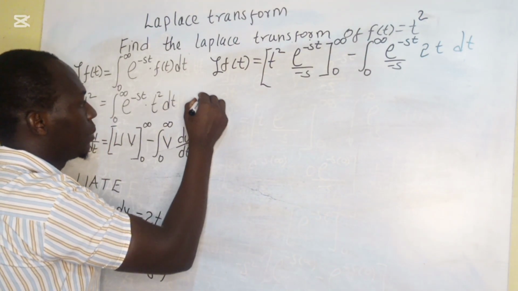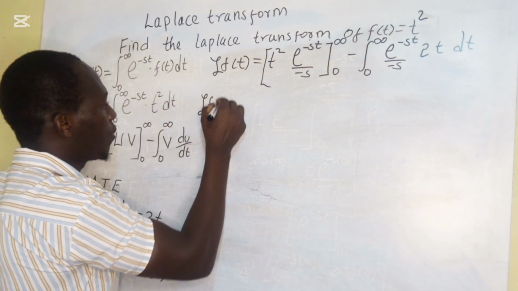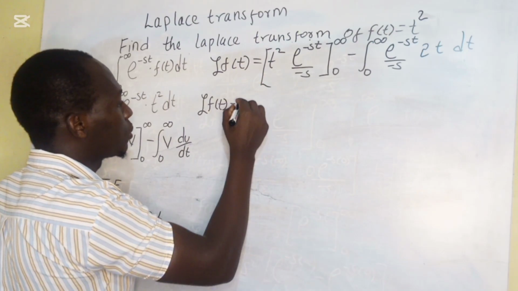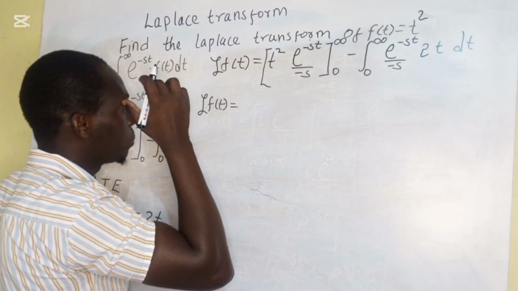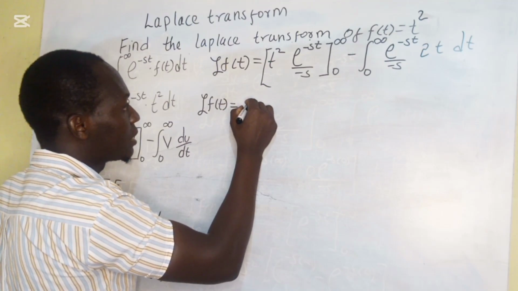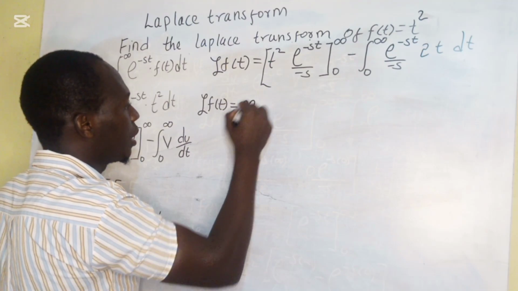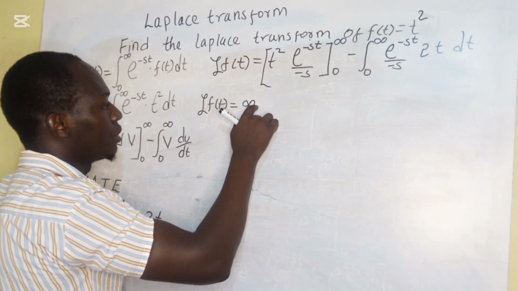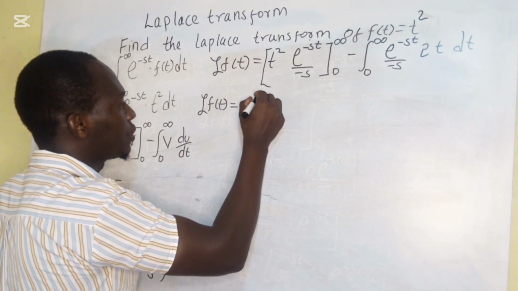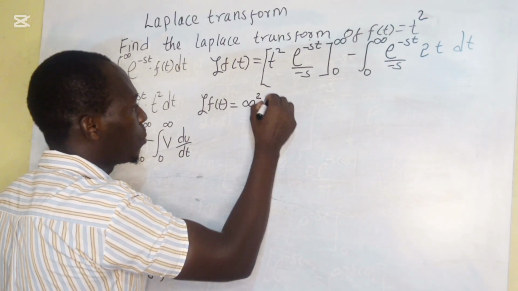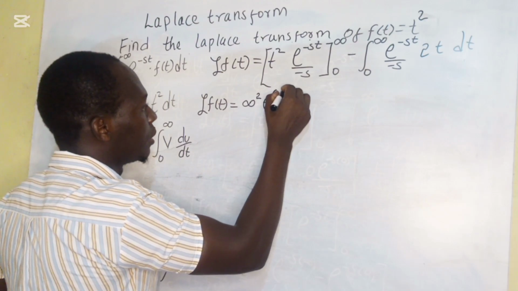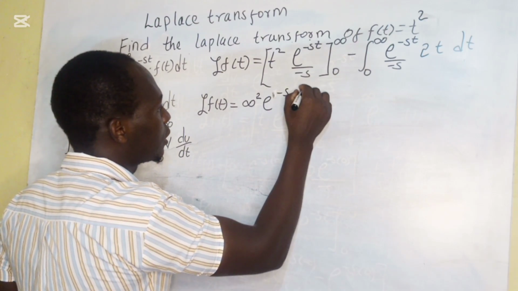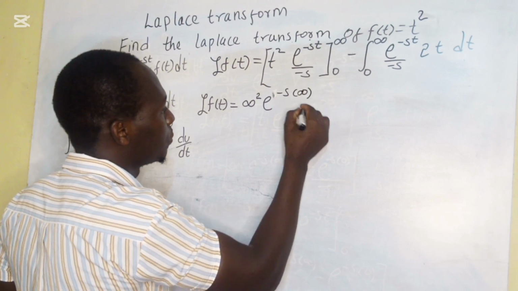At this point now, the Laplace transform of our function f of t is going to be equal to, we are going to insert the upper class limit, and by inserting the upper class limit, where we are having t, we are going to have infinity squared. We multiply by exponential negative s into infinity.